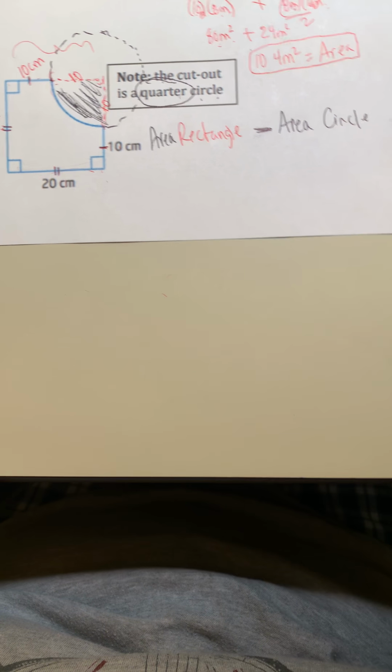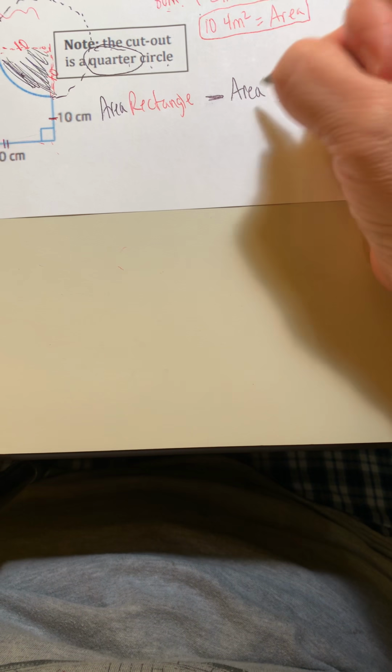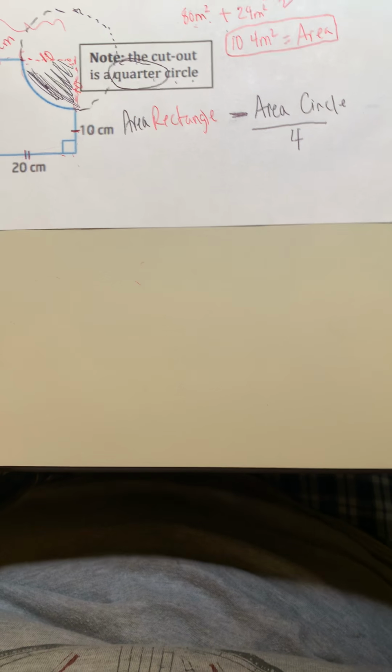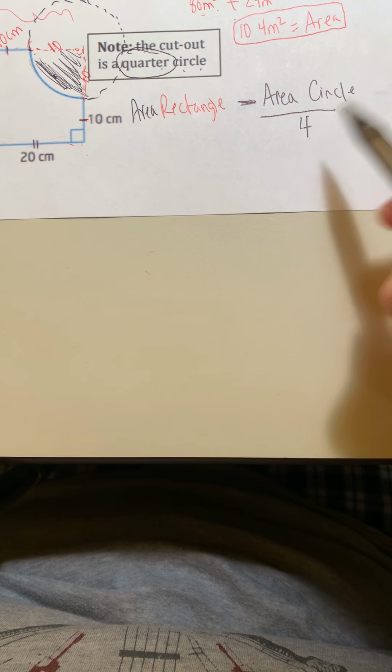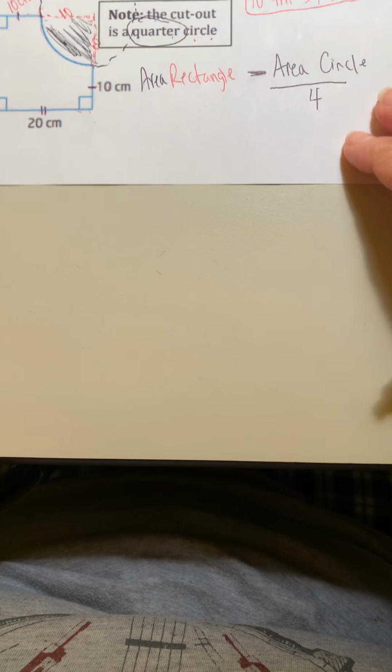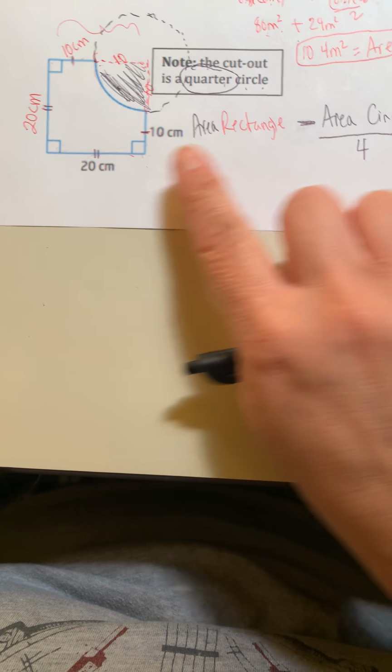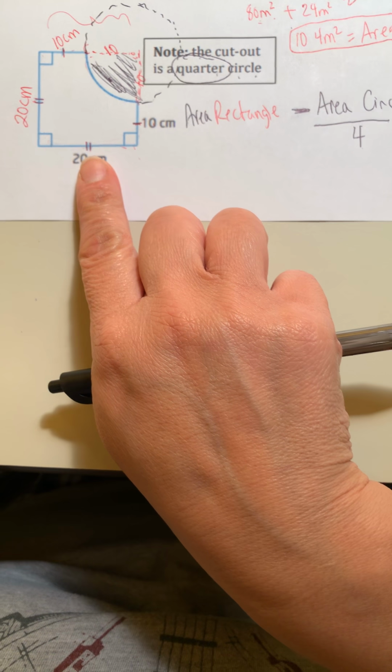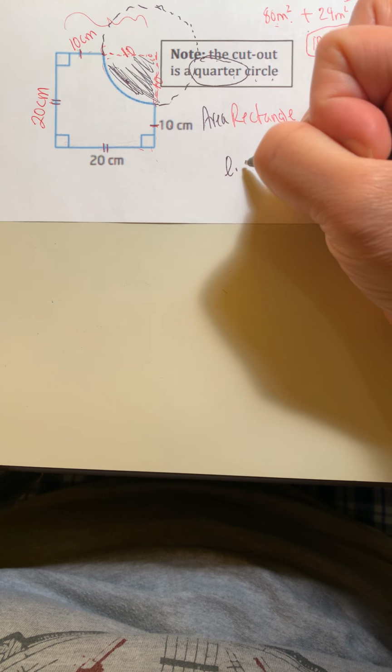So to find a quarter of something, you multiply by a fourth, or you can divide by 4. That's the same thing. Multiplying by a fourth or dividing by 4. I'm just going to divide by 4. All right, so I need to find the area of this rectangle. So to find the area of a rectangle, you do length times width.